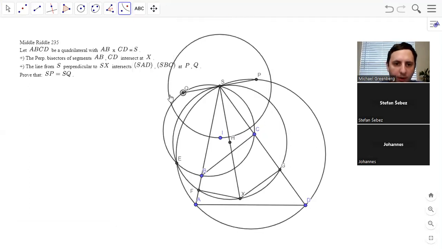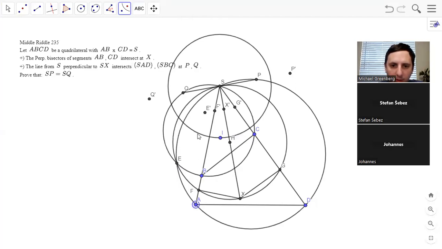So Q prime, P prime, F prime, G prime, X prime. And those are going to be parallel, and then you want to do A, B, C, and D also.